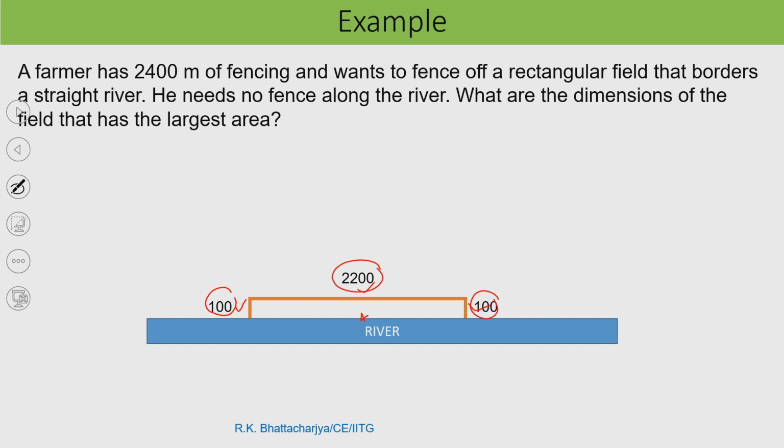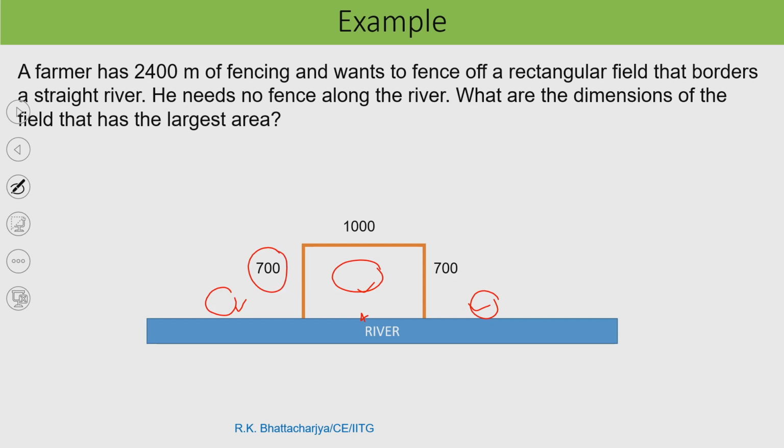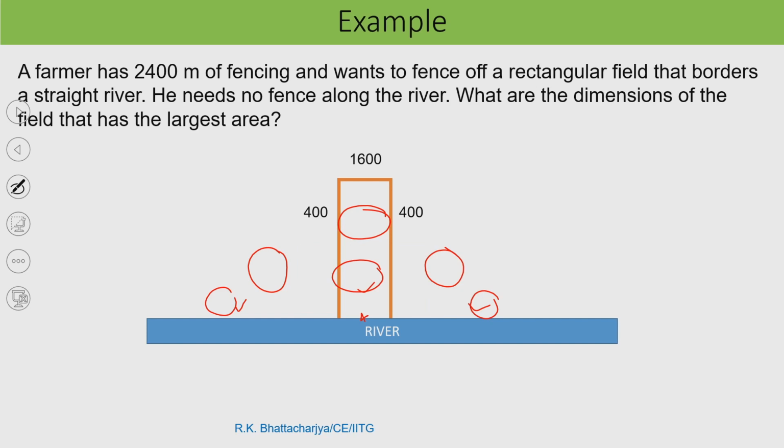I can find out what the area is. The second solution is maybe 700 meters here, 700 meters here, and 1000 here. The third one is I can put 400 on this side, 400 on this side, and 1600 on this side. So, these are possible solutions of this particular problem.